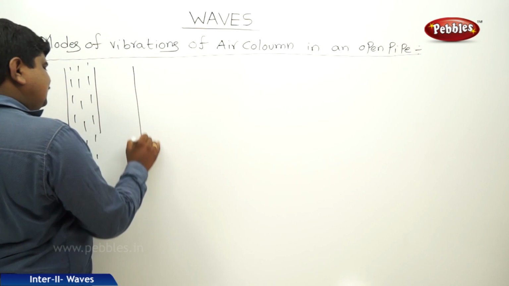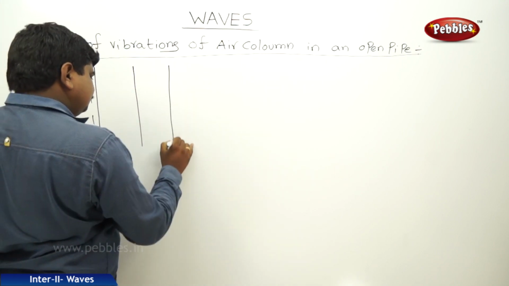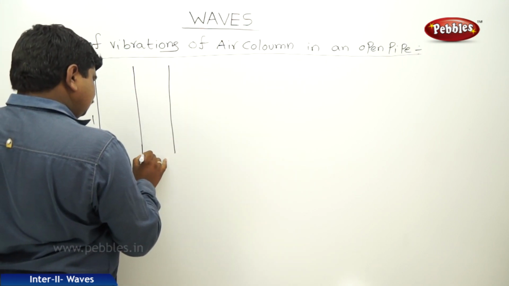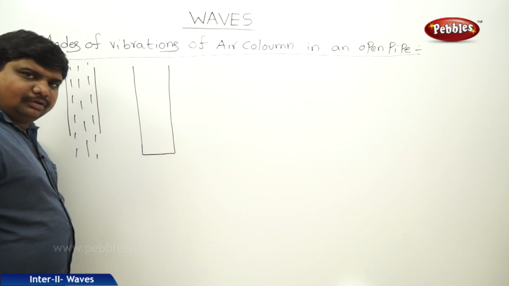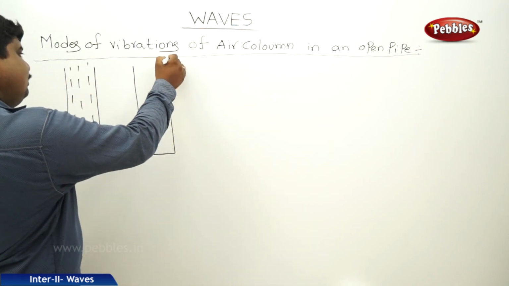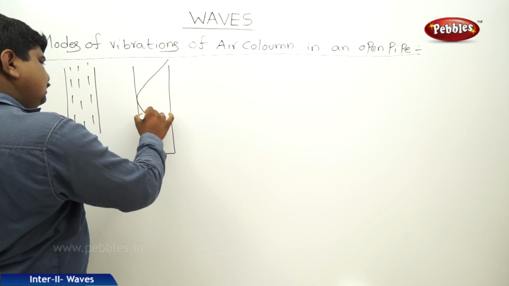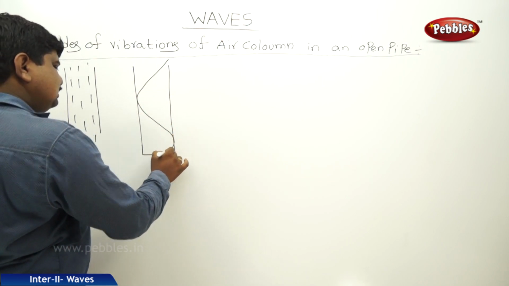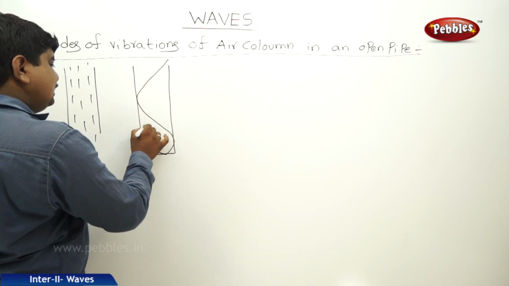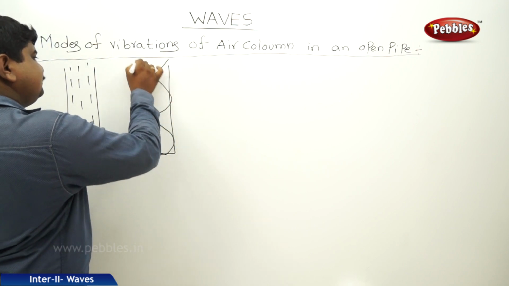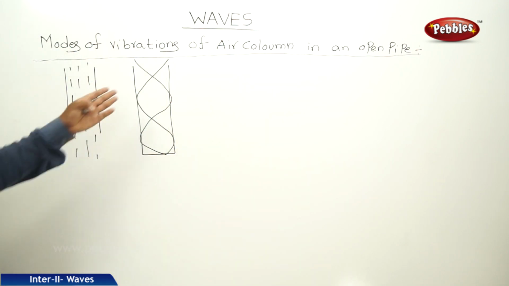If the end is closed, automatically the sound wave which is coming to meet this will reflect back like this. So columns will be different.